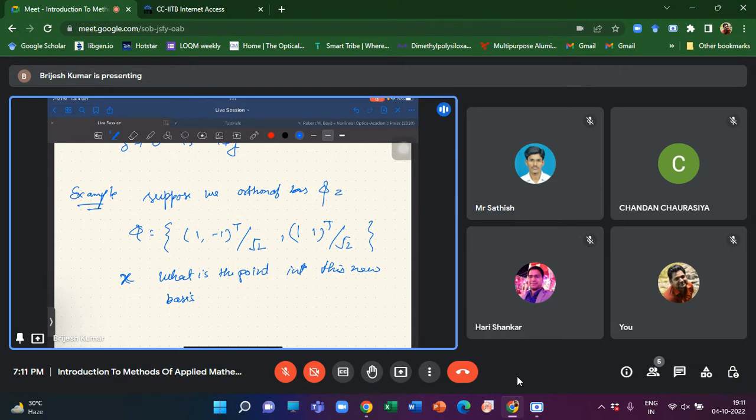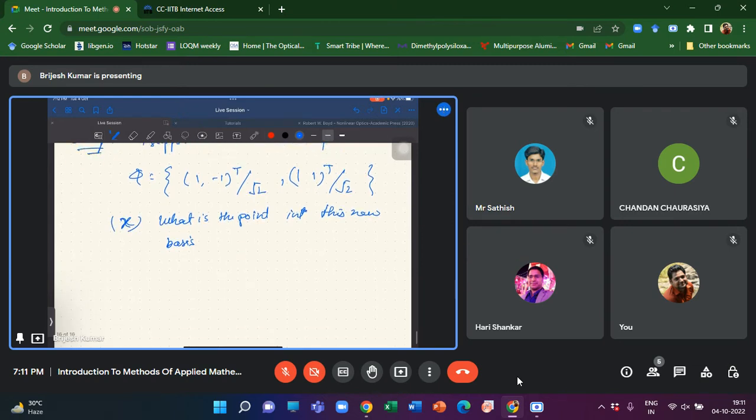So we have, suppose that we have an orthonormal basis like phi, then we change the coordinate. We have any arbitrary vector x, then what will be the representation for this vector x? Okay, so how will you find it? Do you have any idea?